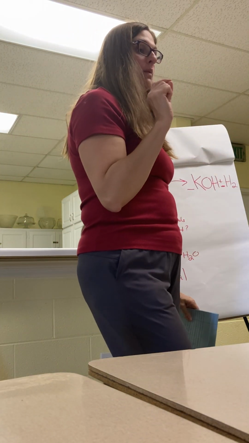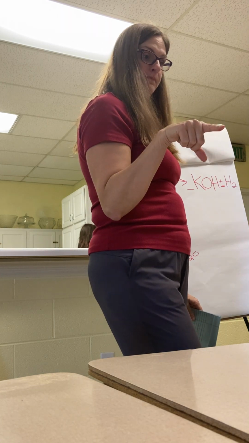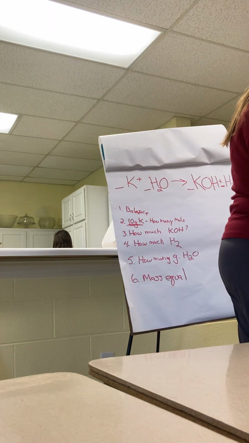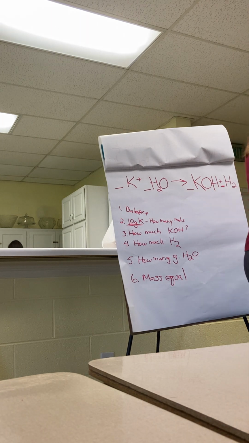Oh, that's 8. So if you're getting a number that is divisible by everything, like exactly what you corrected on the other, so if everything's divisible by 2, divide everything by 2. Oh, that's a 2 though.